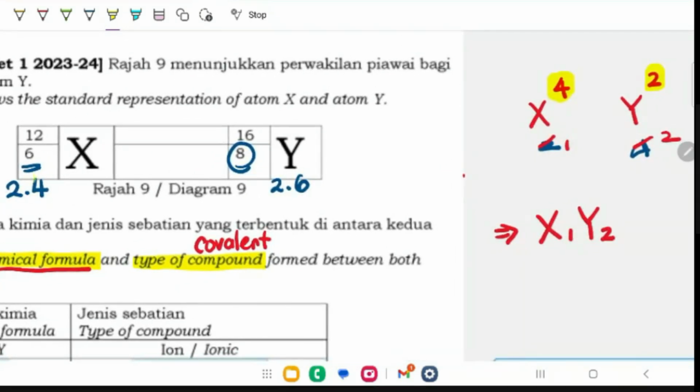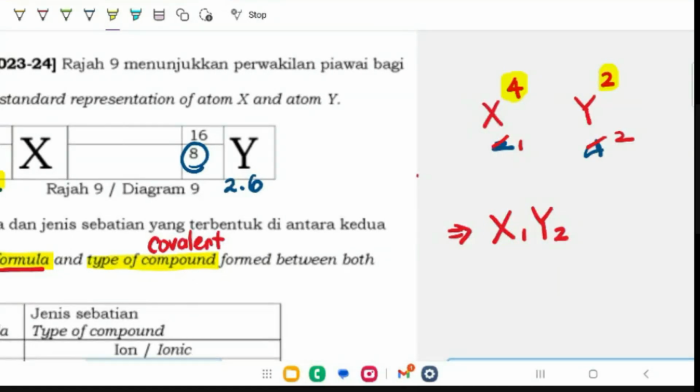Okay, X is 2, 4. So meaning that it still needs another 4. Need to contribute 4 more electrons for sharing. Then Y is 2, 6, right? It still needs another 2 electrons for sharing so that they will achieve octet electron arrangement. So interchange it. So 2, 4. Then simplify it becomes 1, 2. Okay, this one 2 goes here.